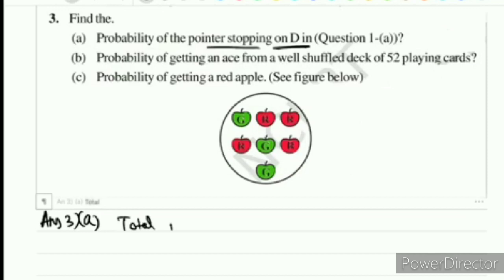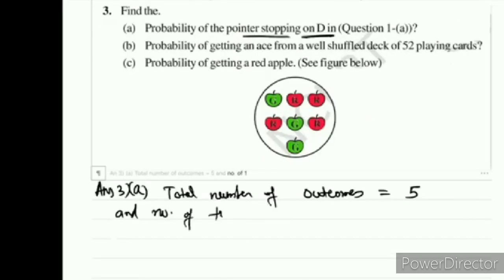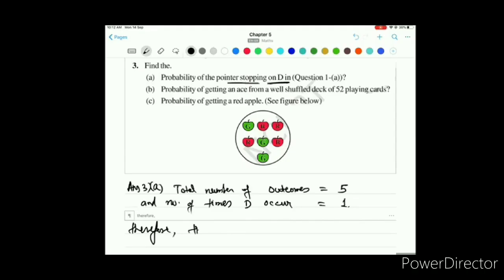Yes, we'll write that total number of outcomes is equal to 5. And number of times D occurs is equal to 1.